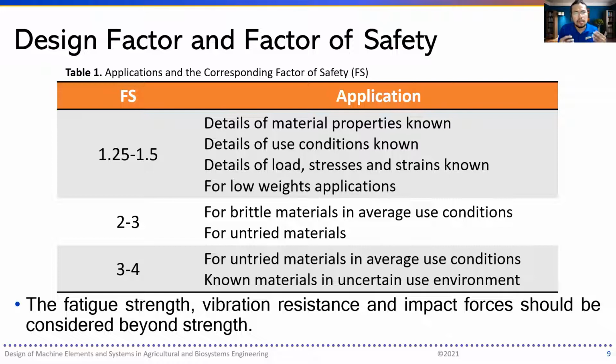Now, as can be shown, the FS used for material properties that are known is 1.25 to 1.5. It goes up to 3 to 4 when the materials are untried and the environment is uncertain. Now, the fatigue strength, vibration resistance, and impact forces should be considered beyond the strength of the material as well.